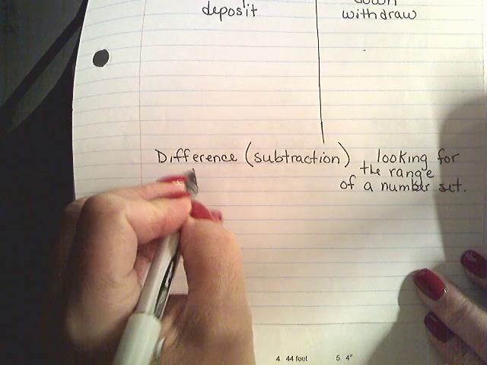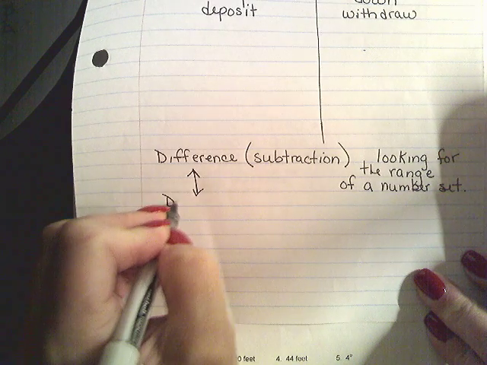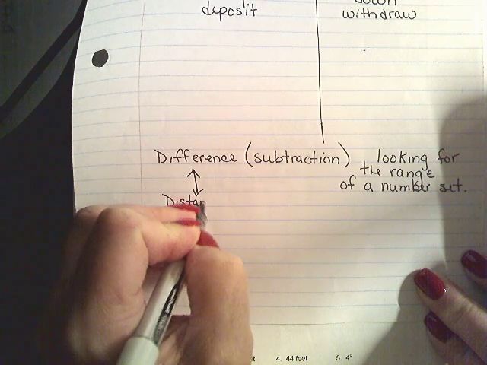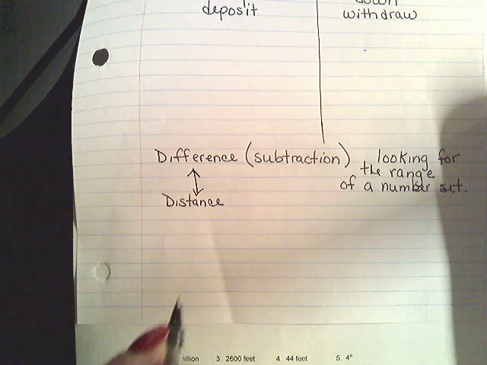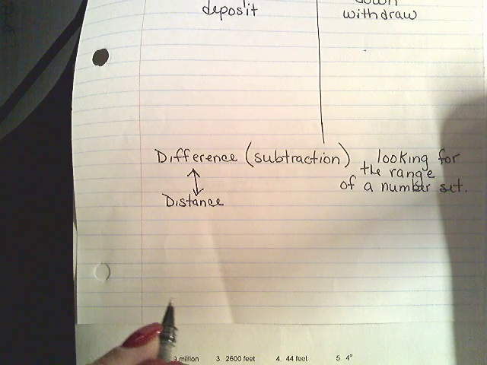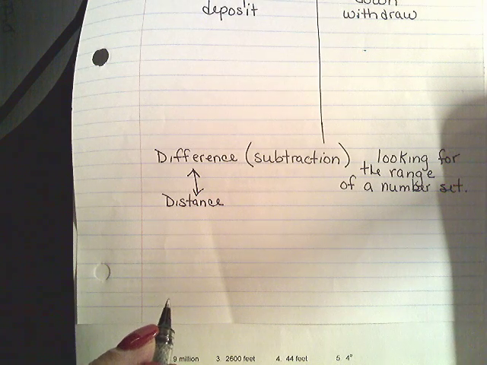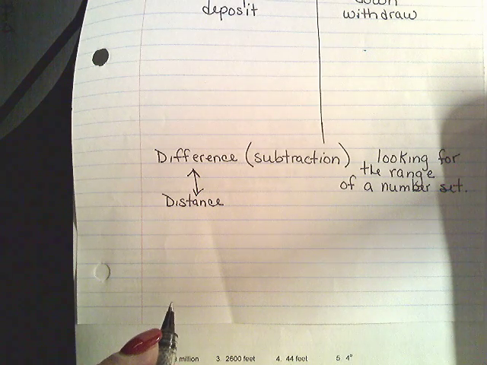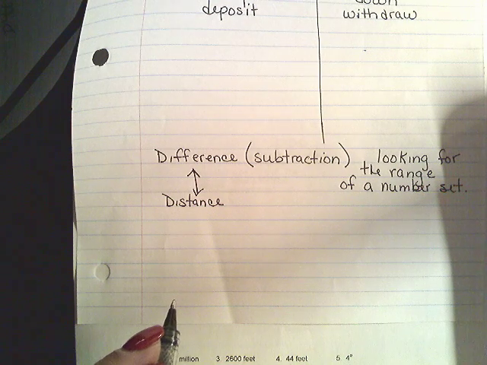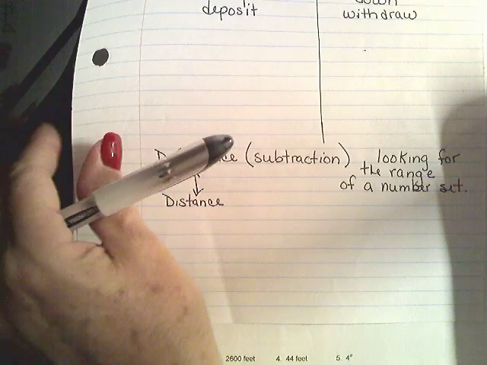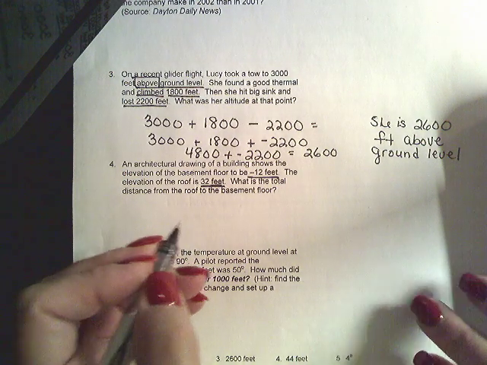Difference and distance can be interchangeable. So if I want to know the distance between the office and the cafeteria, I'm going to make sure that I subtract the number of feet in between in order to find that distance. Distance means the same as difference.